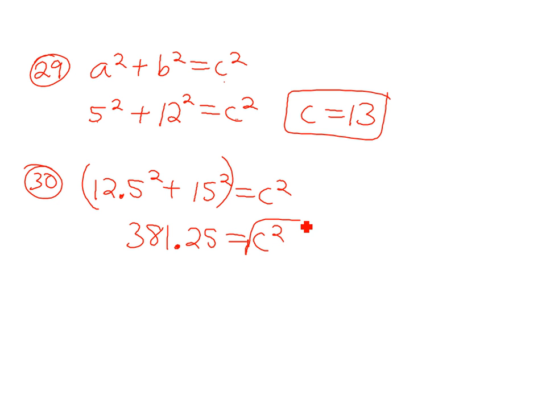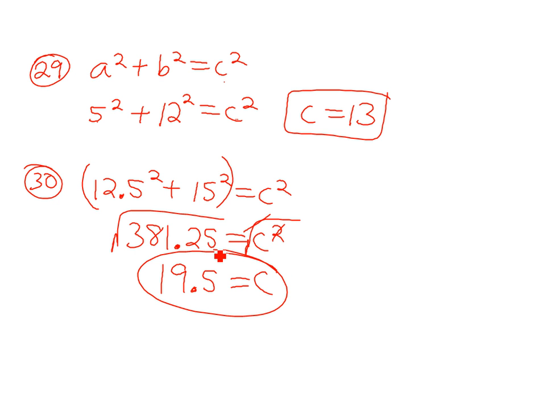To find C, you take the square root of both sides. These cancel out, and you're going to be left with just the C, which is your hypotenuse. We want second square root, 381.25, equals about 19.5. So the hypotenuse on that triangle would be about 19.5 units long.